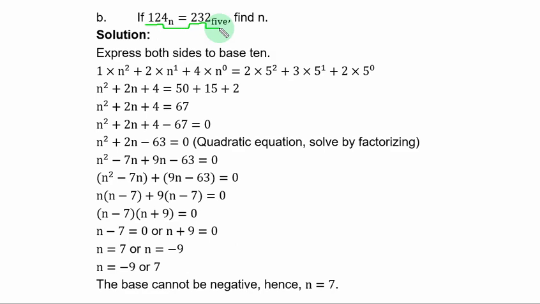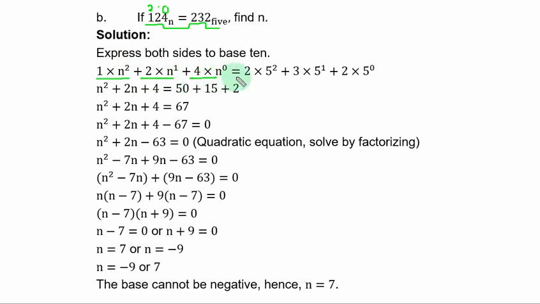The position starts from 0, from right to left. So for 4, the position is 0, 2 is 1, and 1 is 2. So if you multiply 1 by the base n, you assign power 2 to base n. So you have 1 times n squared plus 2 times n power 1 plus 4 times n power 0.